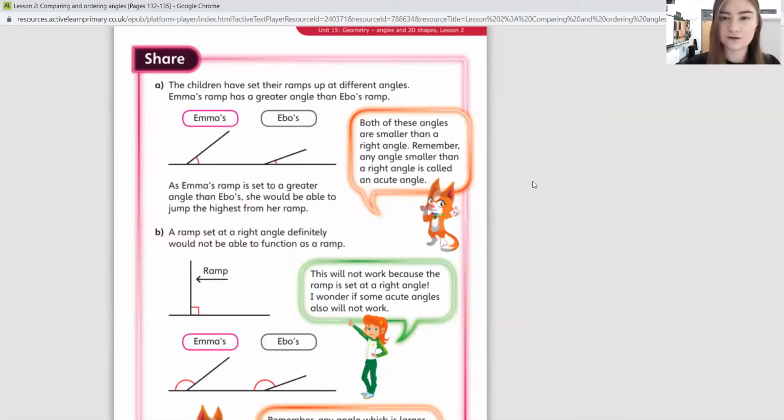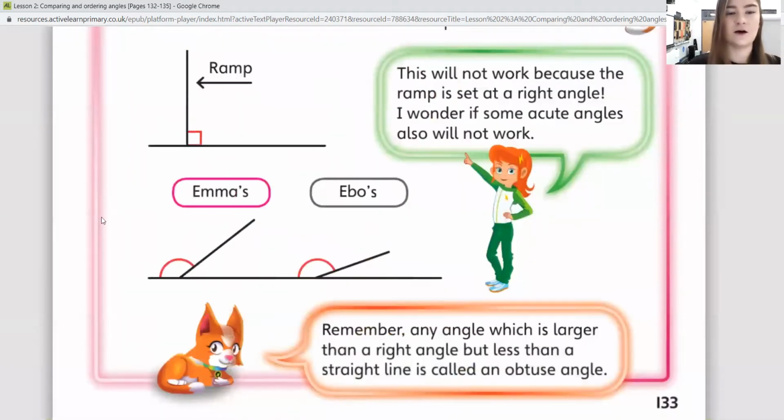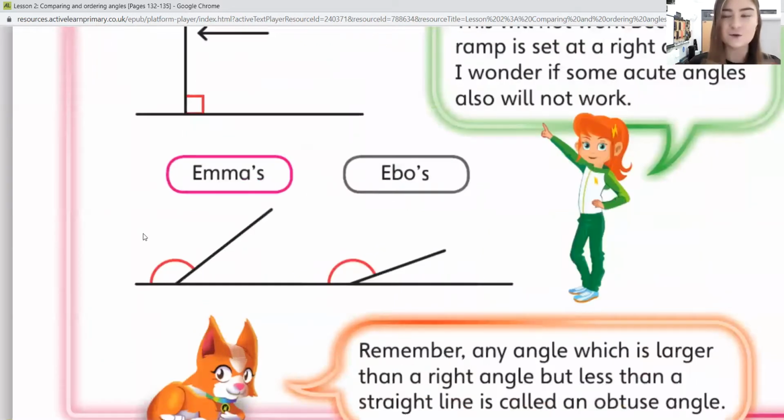And like the fox or the cat says, both of these angles are smaller than a right angle, so they are both called acute angles. And then like B says, a right angle would not be able to function as a ramp because you cannot travel up it.